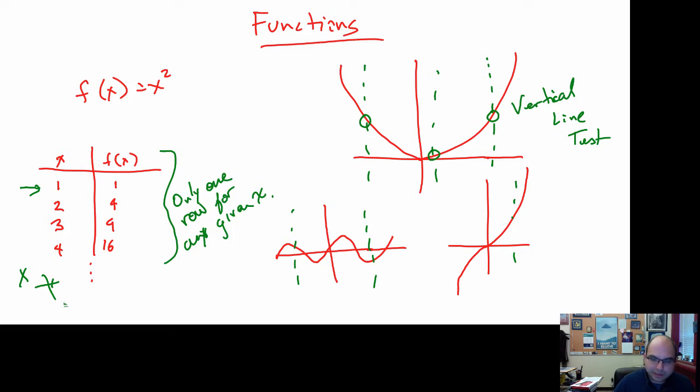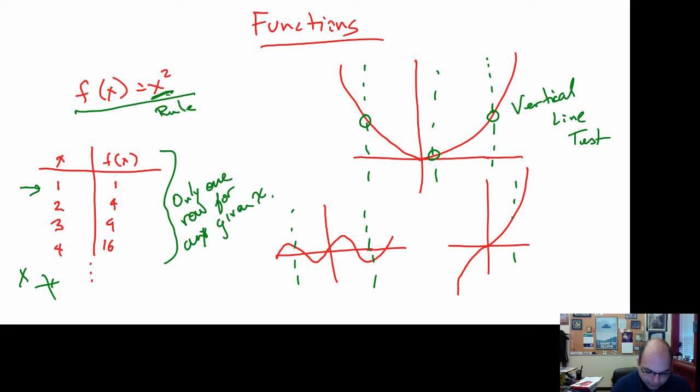That's actually related to the vertical line test. There's only one y value for each x. And this follows because we have a rule to compute the value of the function. So once you know the value of x, then that tells you what f of x is. There are no other possibilities. Okay, so that's what a function is.